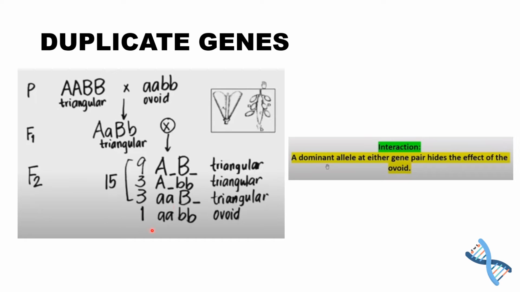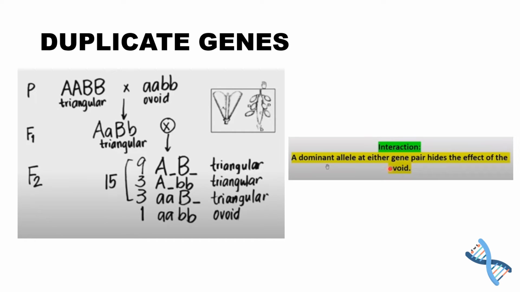Pero dito sa last na to, wala kang present ng dominant A or wala kang present ng dominant B. So, yung present lang sa gene mo, sa gene pair mo is homozygous recessive A or B. So, magiging ovoid siya. So, yung interaction, a dominant allele at either gene pair hides the effect of the ovoid.